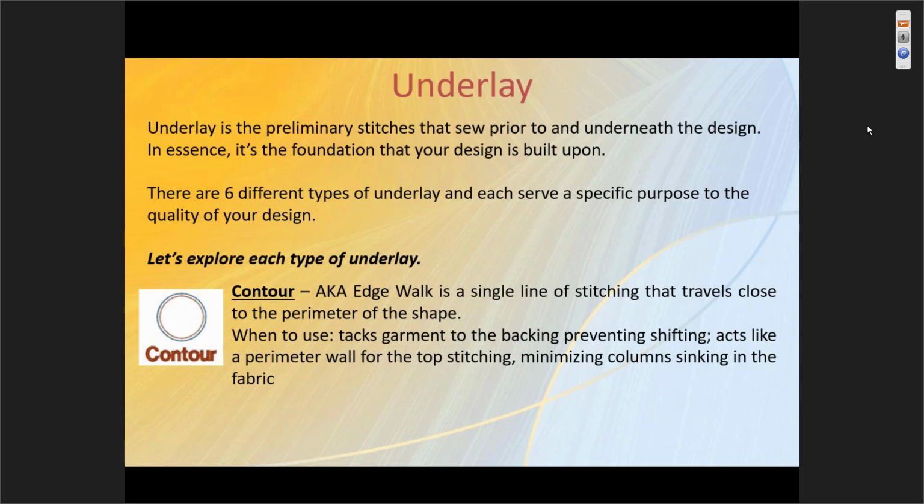Some people are going to call it an edge walk. That is going to be a stitch that is traveling close to the perimeter of your shape. So it's going to follow along. Its primary purpose is to tack the backing to the garment to prevent it from shifting. That is its main purpose in life.